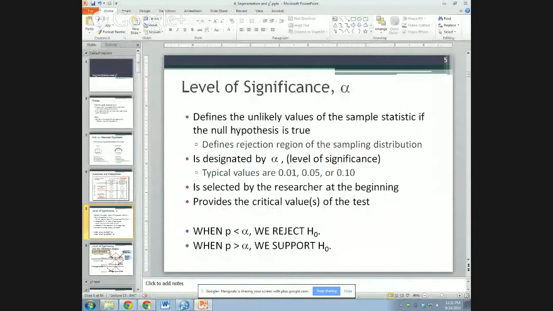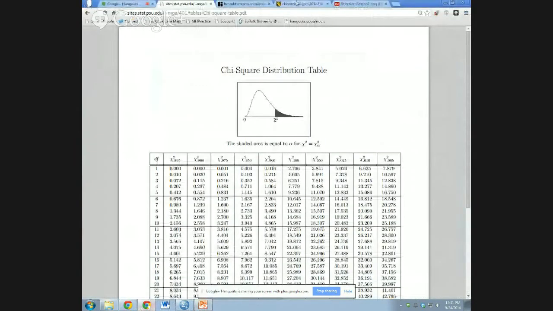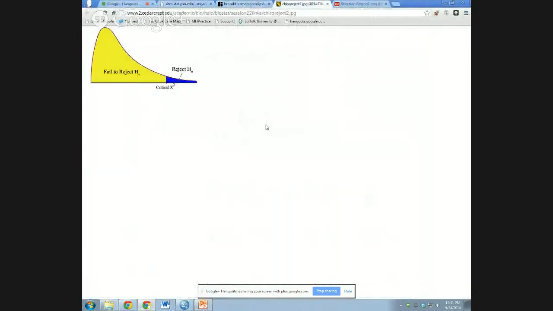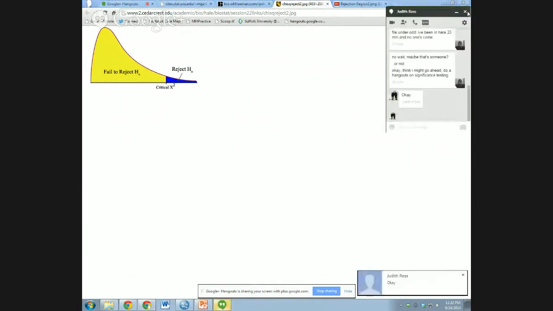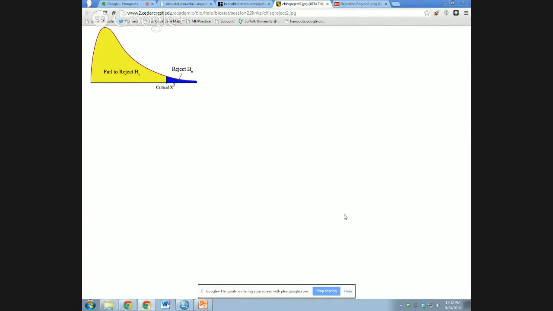Okay, so what exactly does this all mean? Well, let me switch back over to one of these graphics, where we talk about the critical testing or null hypothesis testing of chi-square. In this test, we see at 0.05, let's say, that there is a critical value here.